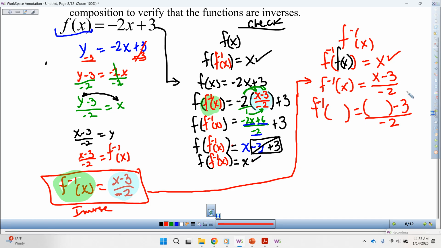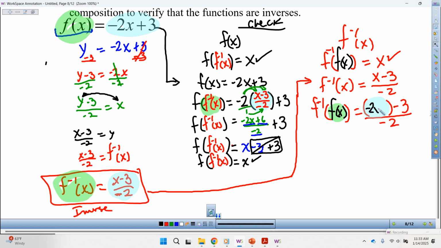So here we go. Mr. Q, what do I substitute in here? Well, from the original f of x, we're going to substitute f of x. What do I substitute over here, Mr. Q? Well, the right side of the equation of f of x. What is the right side of the equation?